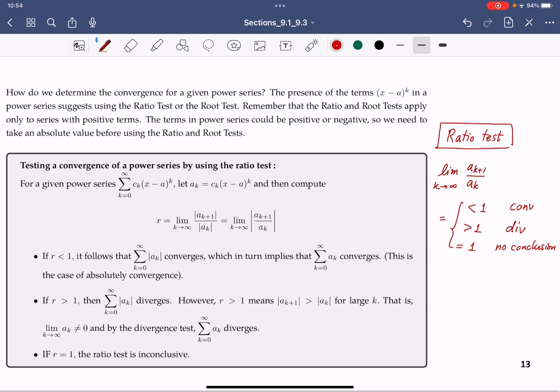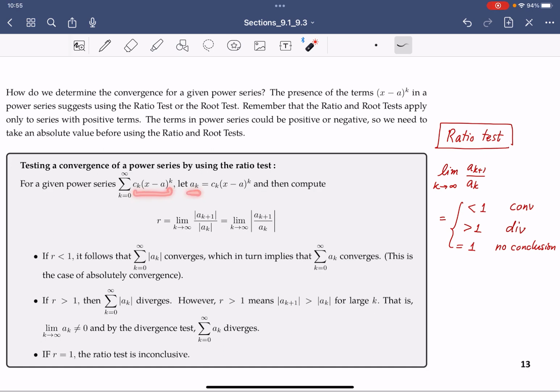So we are going to use the ratio test here for the power series. For the power series you have here, the summation of c_k (x minus a) to the k, we're going to let a_k be the term in the power series.